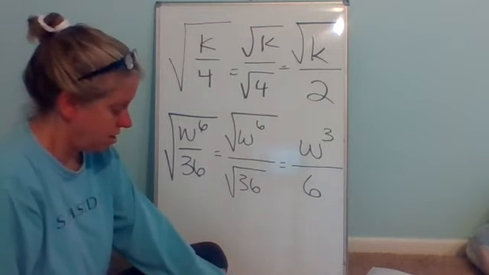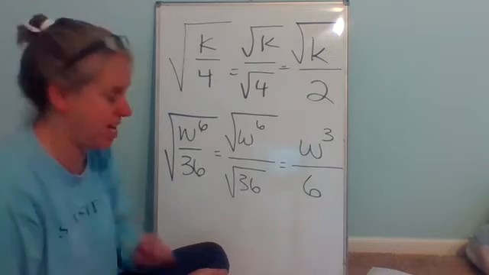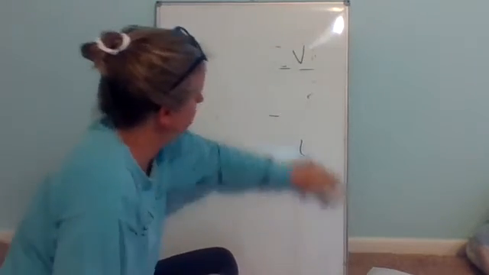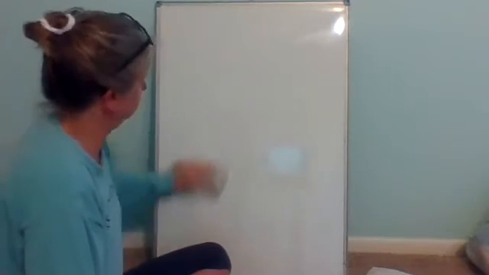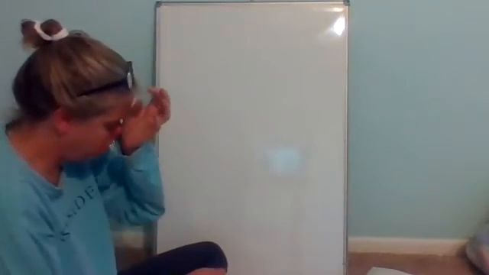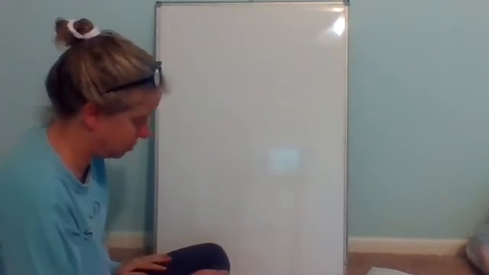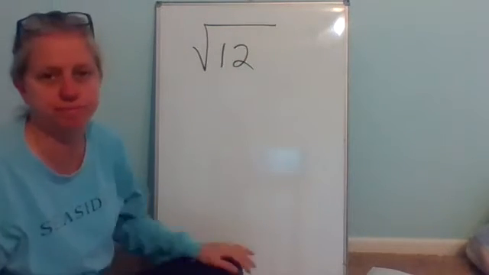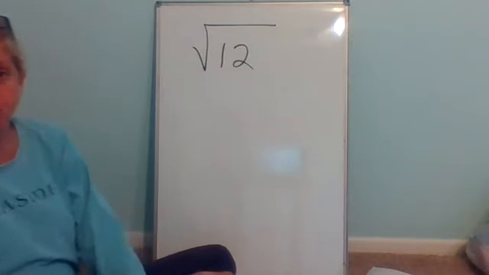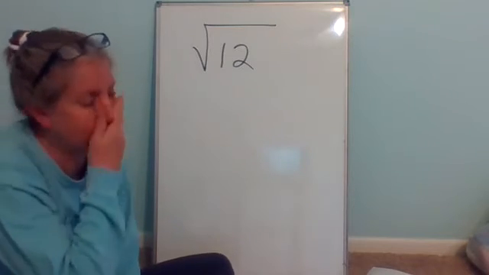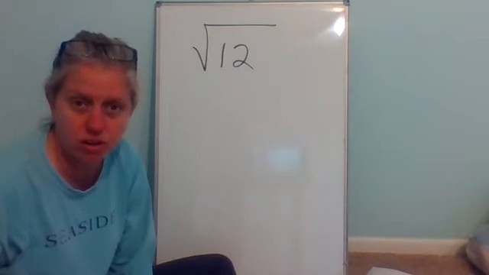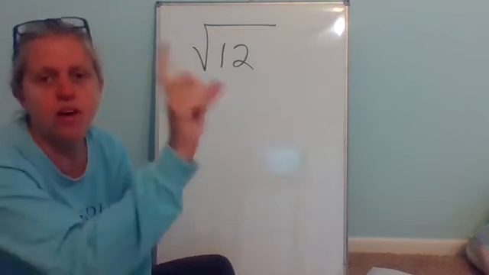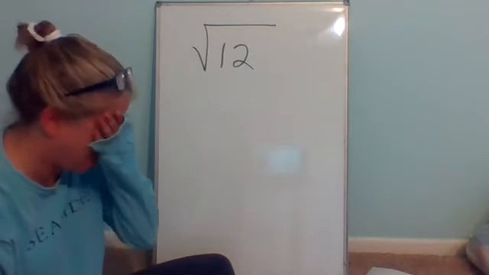Okay. Starting with number 5 through the end. It still says express the radical in its simplified form, but this time I have the square root of 12. So what is different about a 12 than the other numbers that we've been doing? 12 is not a perfect square, like 25 and 16 and 9 and all those numbers in that list from the very beginning, okay?